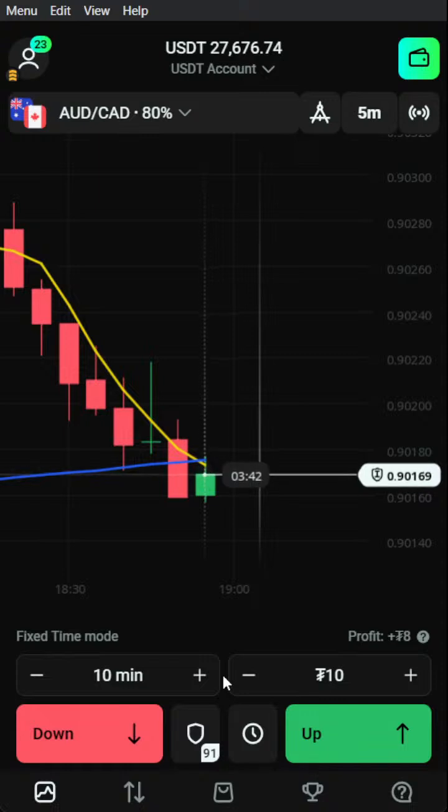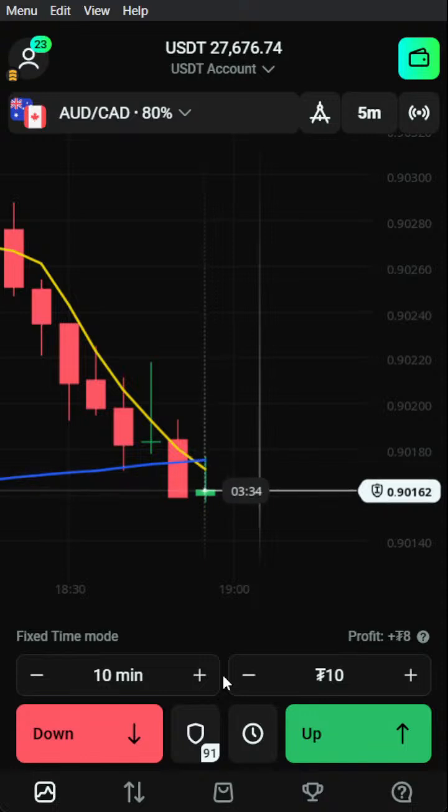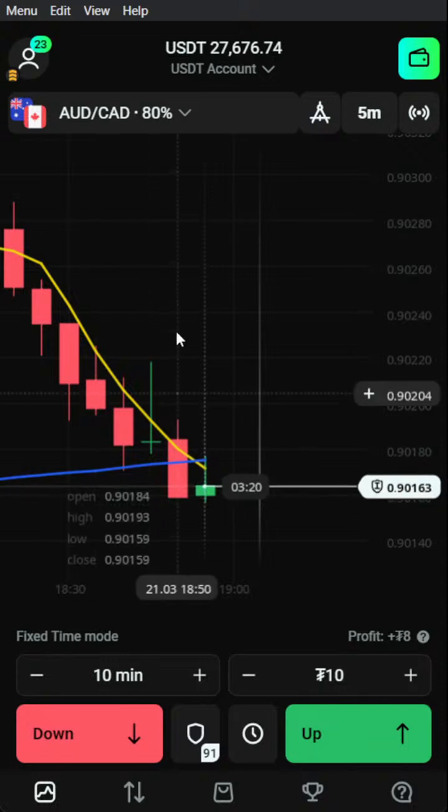So right now all we are going to do is wait. Do you see that candle is trying to change? Once it changes, got it. That's good.